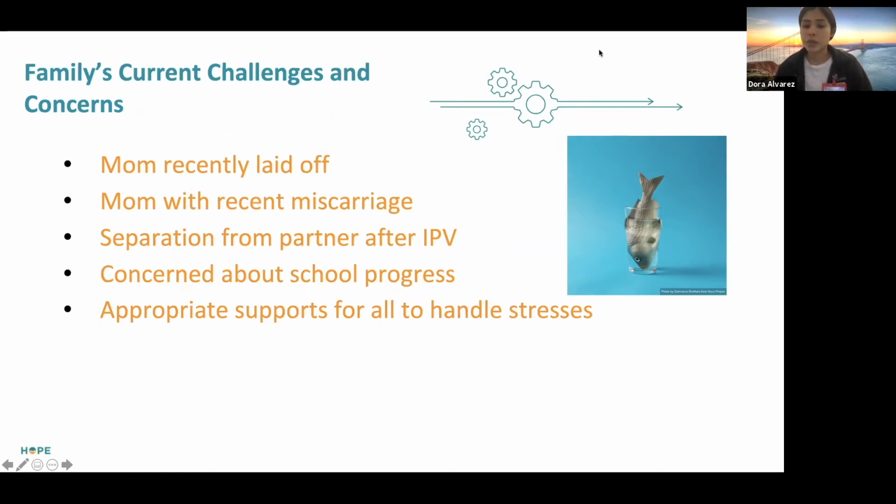She was struggling emotionally herself after a recent miscarriage and separation from her partner after interpersonal violence. She seemed worried about this patient's school progress, since he seemed to be having more trouble with his work and distance learning due to COVID and less support from his IEP. And what she really wants is support to handle the stresses that they're dealing with in the setting of the pandemic.